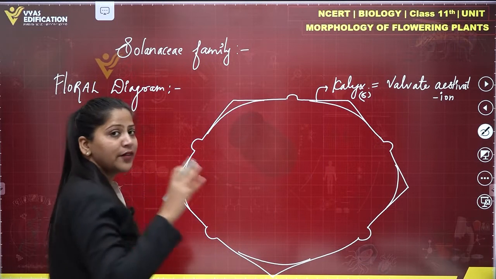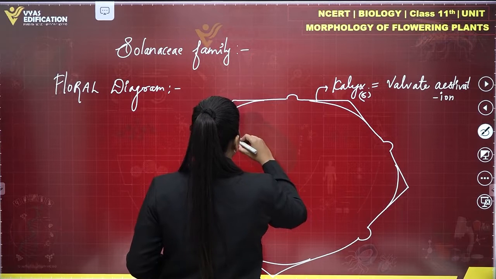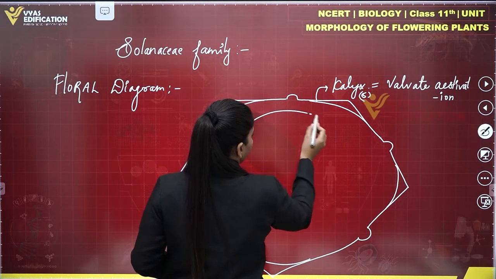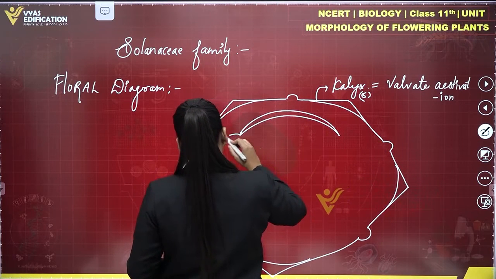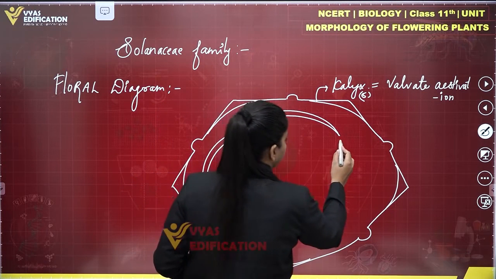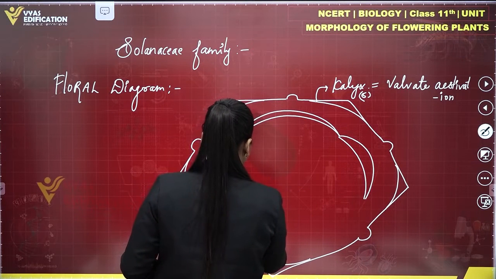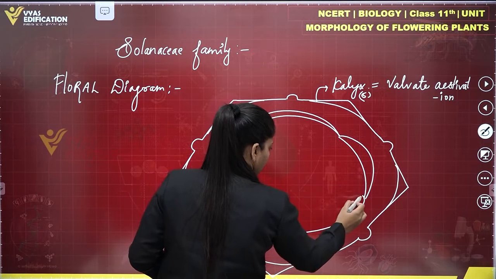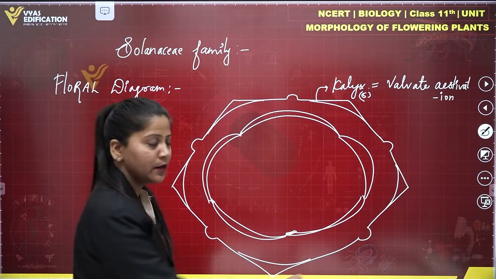Inside this they have 5 petals or corolla, which are also united. Like this, they have 5 petals, which are also united, right?